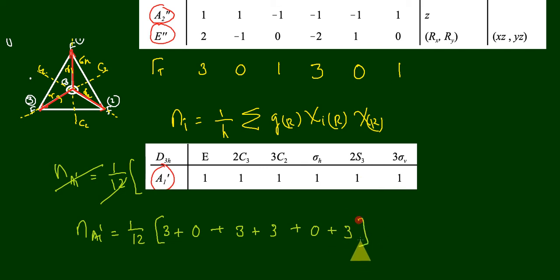So this is equal to 3, 3, 3, 3. 12 divided by 12, that is equal to 1. So A1 prime will appear one time.